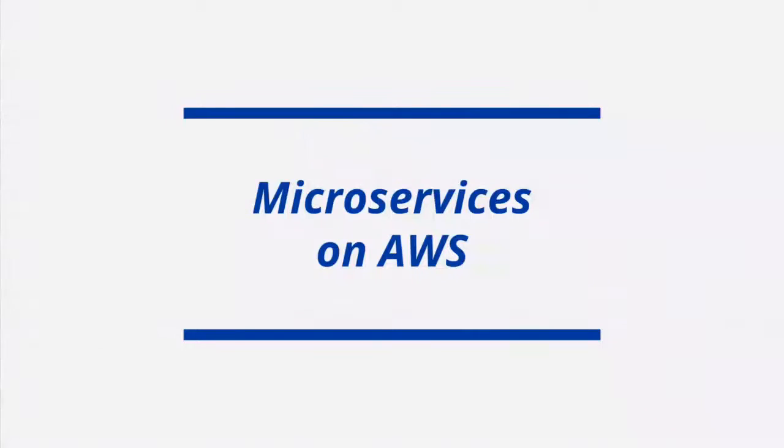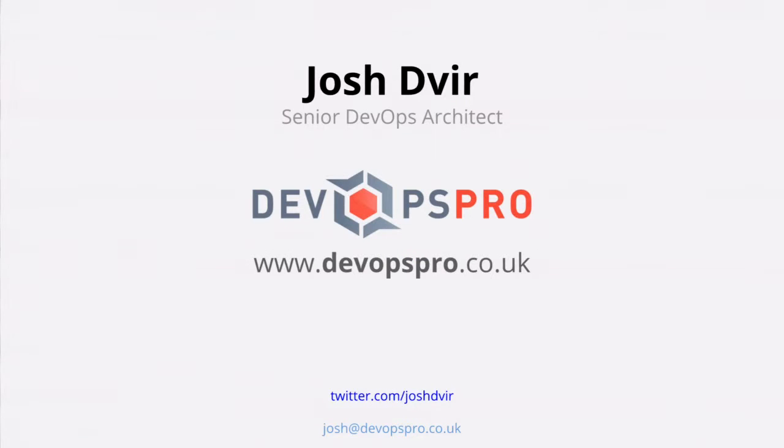Everyone needs their services to run all the time, with no downtime, to be scalable, up and down, whenever they need to. So today I'm going to give three examples, three use cases of how you can deploy your services on AWS.